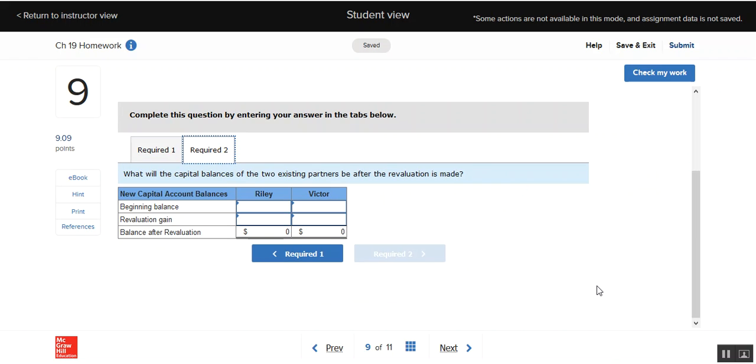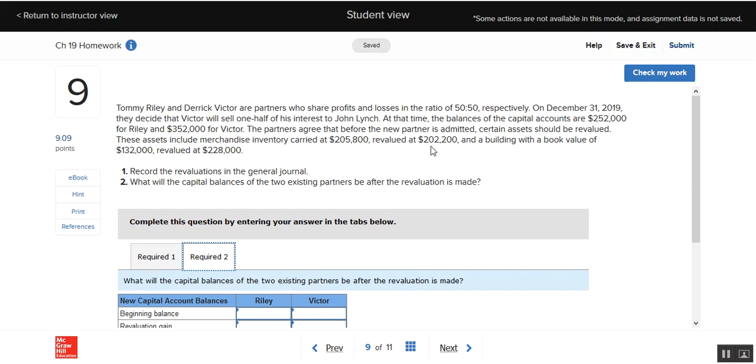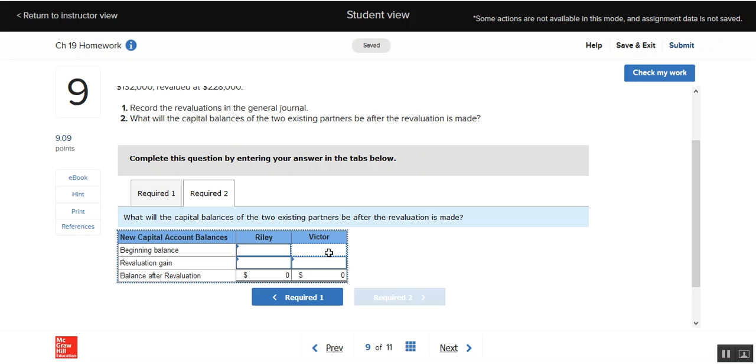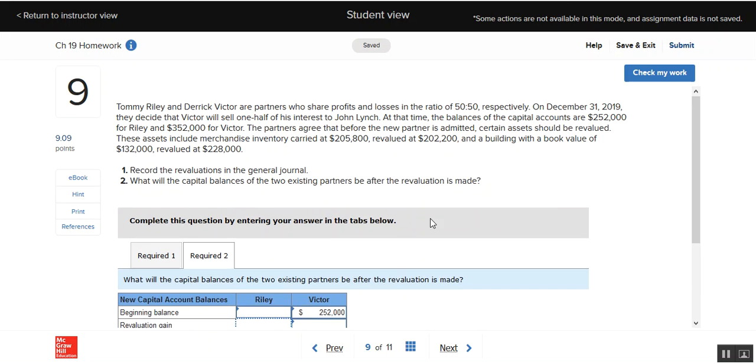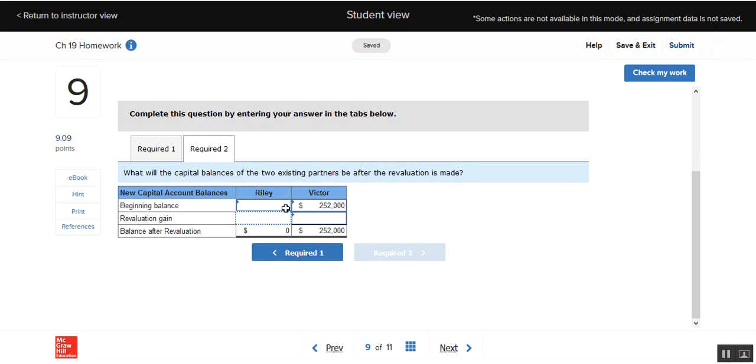And then we've got a requirement 2. That one's pretty straightforward. So we had Victor's balance was $252,000. I think that I could pick up the right one. Let's see. Oh, no, $252,000 for Riley. $352,000 for Victor.